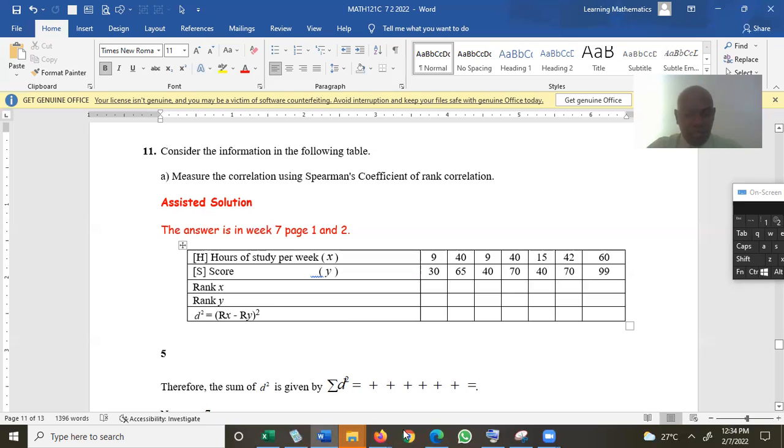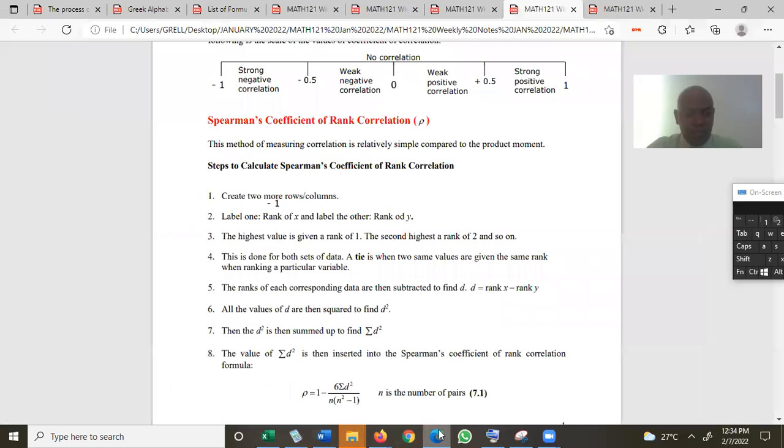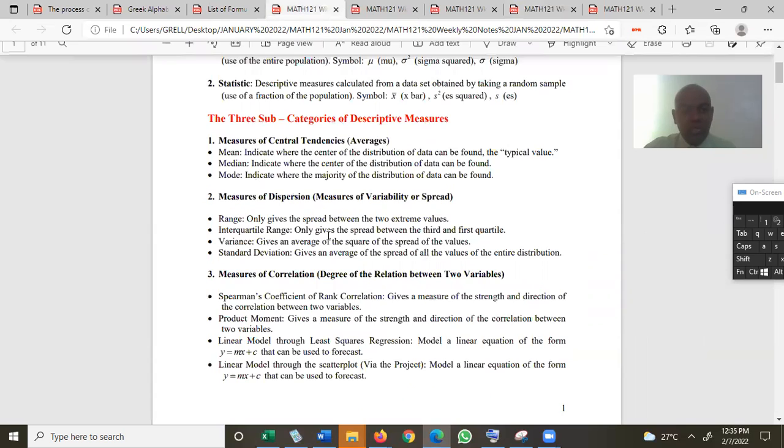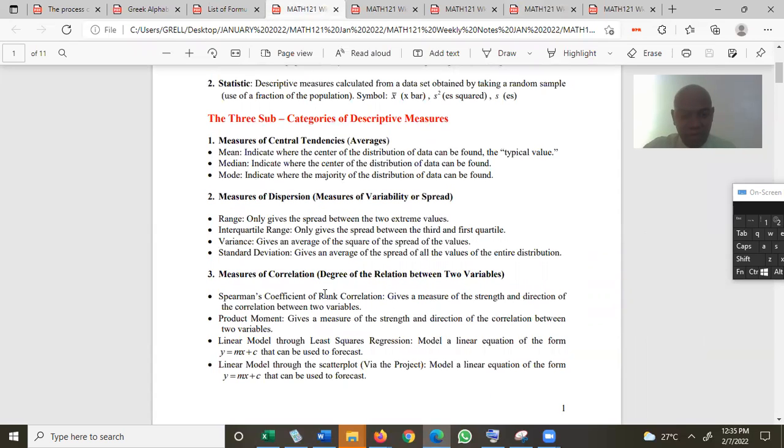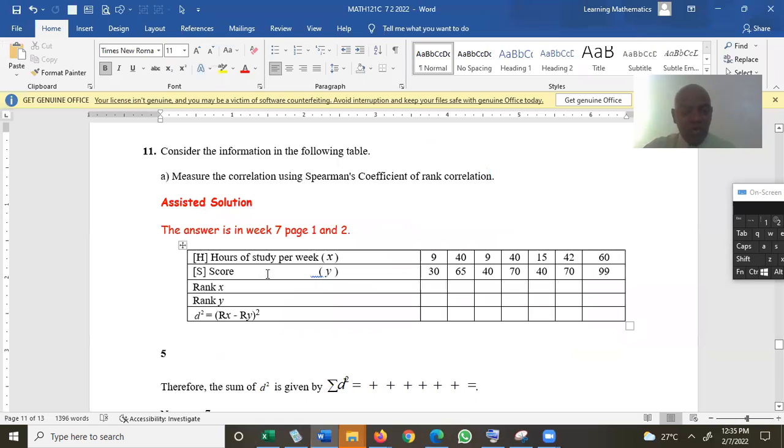Let's go back to the steps. The highest value is given a rank of 1. The second highest value, a rank of 2. Always bear in mind what we are doing. We are trying to measure the correlation between two variables, the degree of the relation between them. The two variables in this example are hours and score.